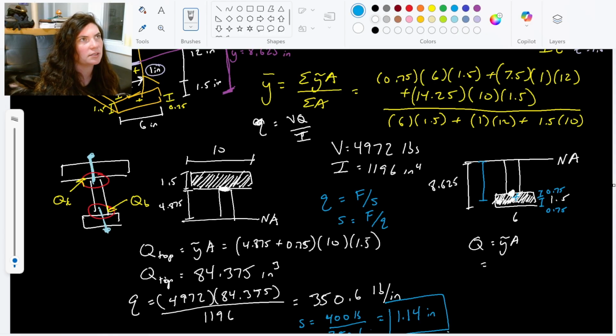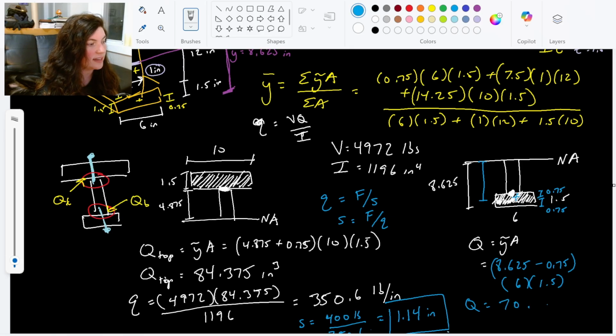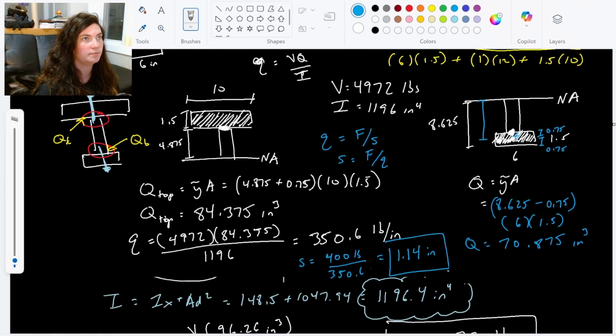It's 7 something. I'm just gonna leave it. I'm gonna make the calculator do it. So y tilde, 8.625 minus 0.75, times the area, and it's just this lower area, 6 times 1.5. When I punch that in the calculator, I get a Q of 70.875 inches cubed, right? So a lower Q value for the bottom.